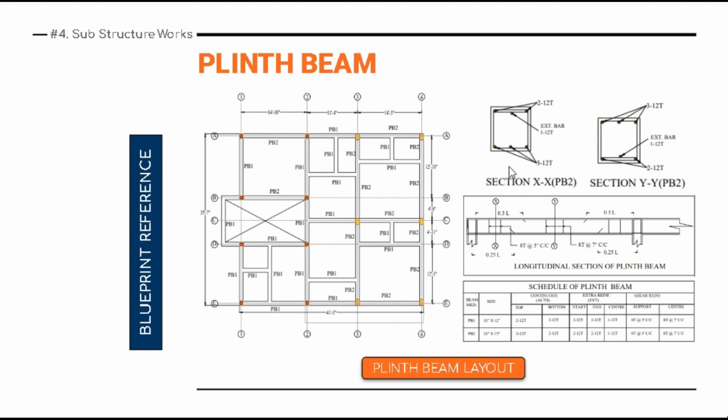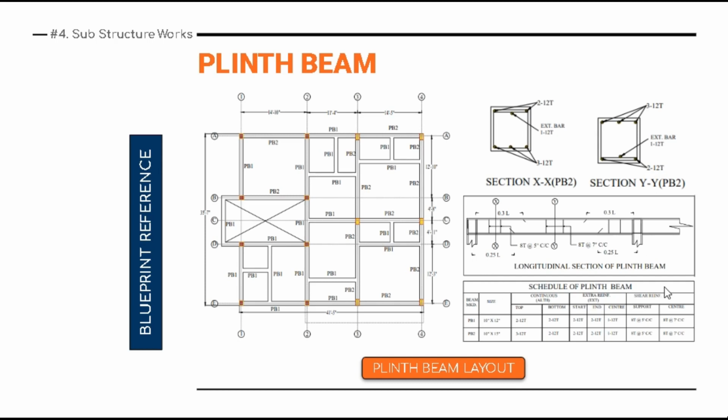So this is basically the plinth beam 2 in the XX axis, and in the YY cross section it has been mentioned 3 12 mm dia rods, 2 12 mm dia rods, and one extra 12 mm bar in the inverted position. So this is just an inverted case.